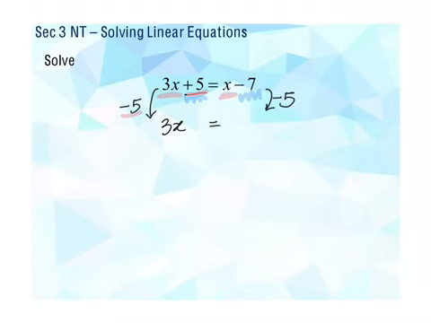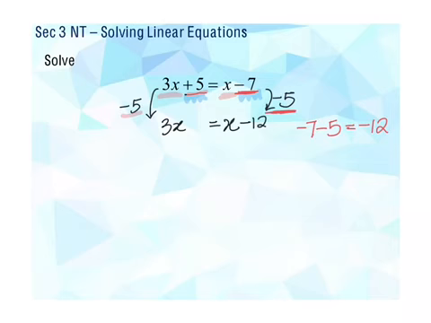On the right side, x is unlike the numbers, so x stays, but this will be minus 7 minus 5. I subtract 7, subtract another 5. This is subtraction, not multiplication. So minus 7 minus 5 will give you minus 12. If you are not sure of your calculation, please use the calculator. So on this side, we will have x minus 12.